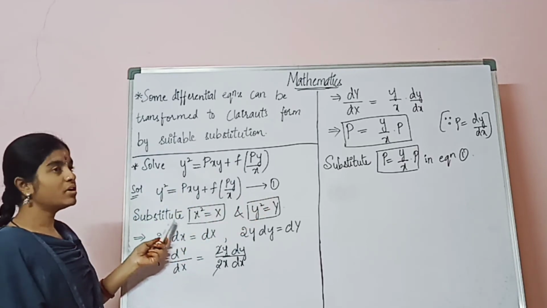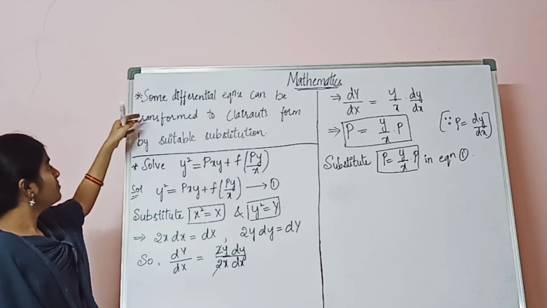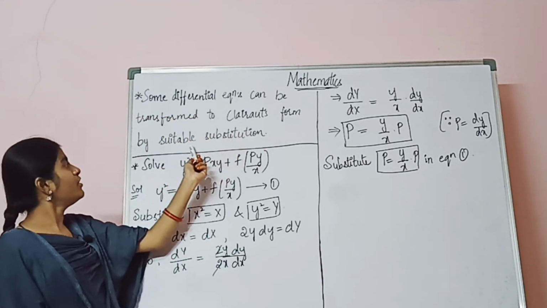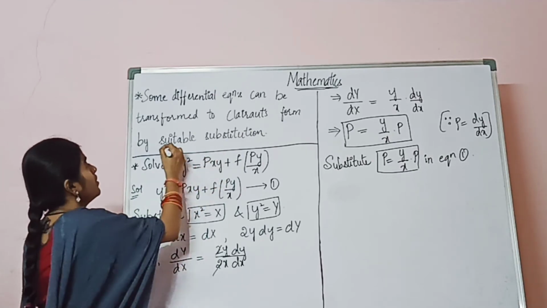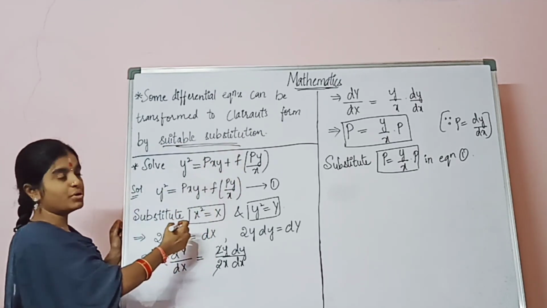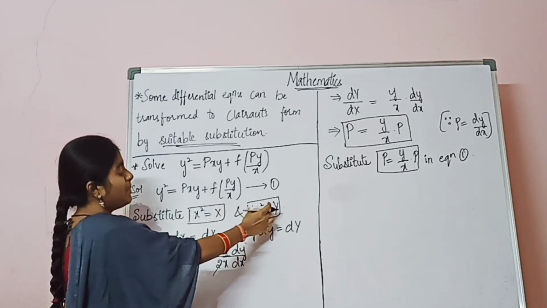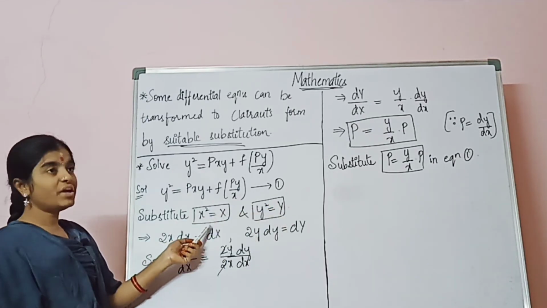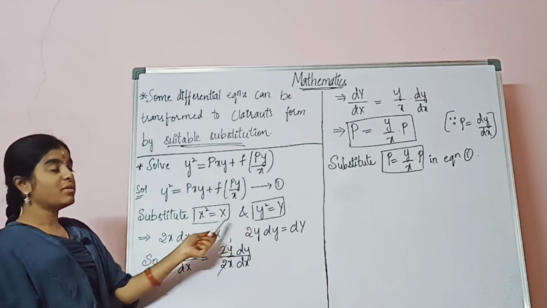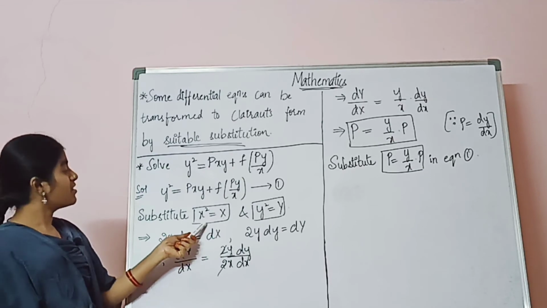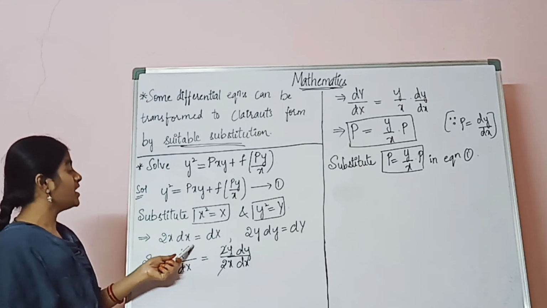Now substitute, as we have discussed, some differential equations can be transformed into Clairaut's form by suitable substitution. So for that we are substituting x square equals capital X and y square equals capital Y. So now we are differentiating both x square and y square. Differentiation of x square, 2x dx.